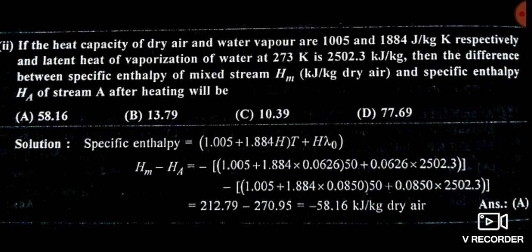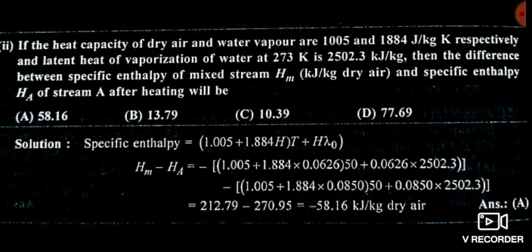Here in this question we have to simply calculate the difference in specific enthalpy of the mixture and stream A. For that we will calculate the specific enthalpy of stream A and the specific enthalpy of the mixture, and we will subtract both these values.